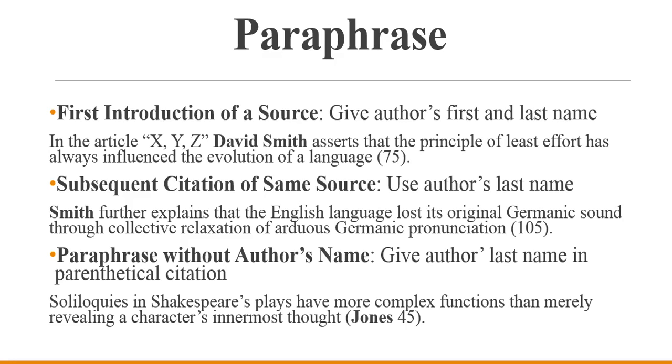The idea is taken from a source written by an author named Jones. So the writer of this essay provides the necessary documentation information in the body of the essay to attribute this idea to its original author.